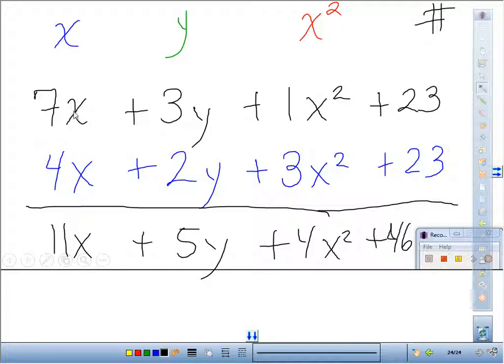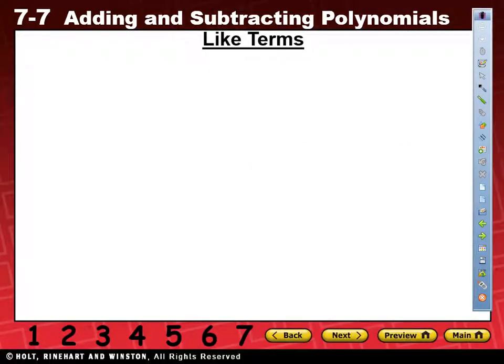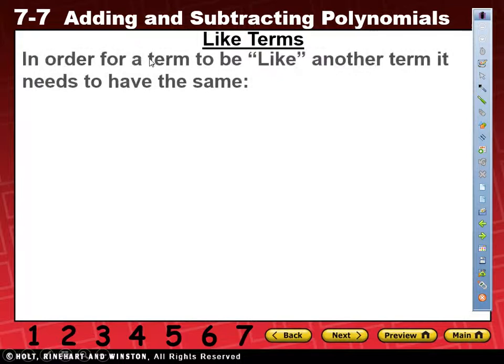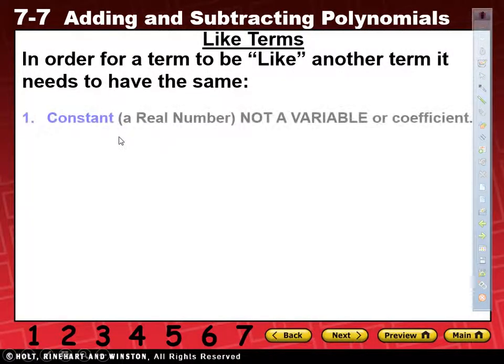I'm sorry, things. This is an animal. This is money. Did I ever combine a dolphin with a cat? No, we just write them out the way they are. Everybody got it? So two things you need to pay attention to, like terms. In order for terms to be like one another, either they are a constant, which is a number without a variable.